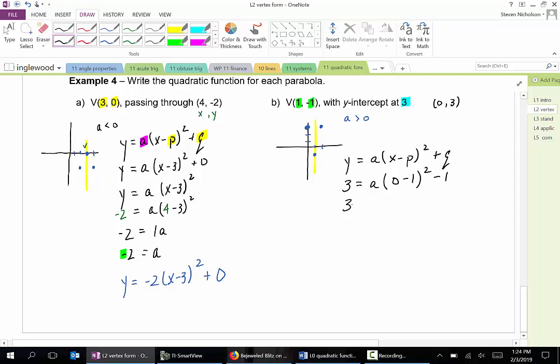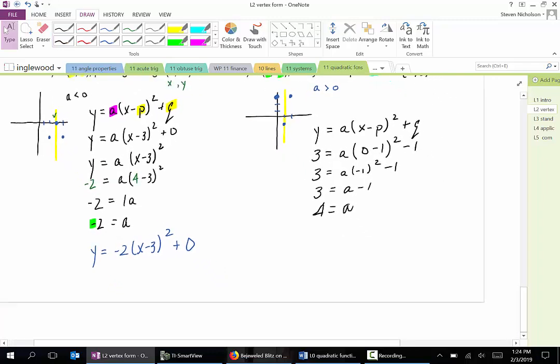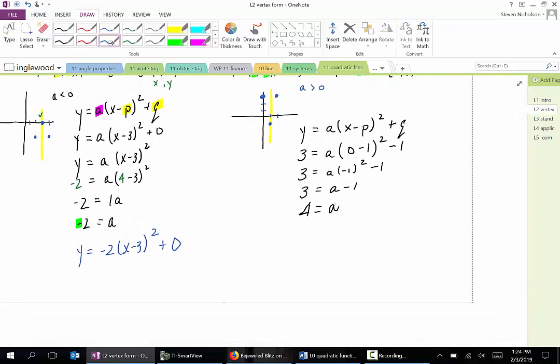And we end up with 3 is equal to a times negative 1 squared minus 1. Negative 1 times negative 1 is positive 1. Add 1 to both sides, and we get a is equal to 4, which we understood would have to happen. And now we plug all of our a, p, and q. And there is our equation.